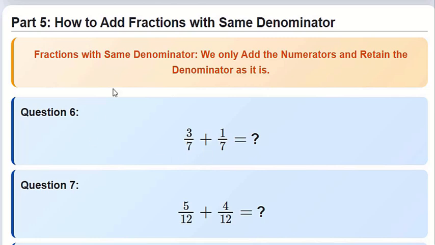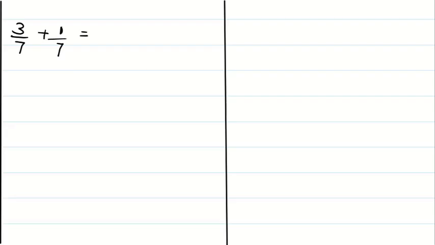When we are adding fractions which have the same denominator, we only add the numerators and we retain the denominator as it is. So for example, when we are adding 3 out of 7 plus 1 over 7, we are only going to add the numerators, which are 3 and 1, and 3 plus 1 is 4. Then we retain the denominator as 7.